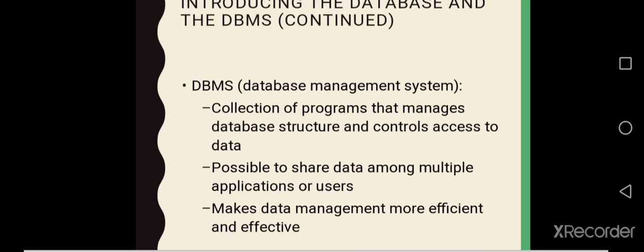It also makes data management more efficient and effective. A database management system stores data in such a way that it is easier to retrieve and manipulate, and helps to produce information.